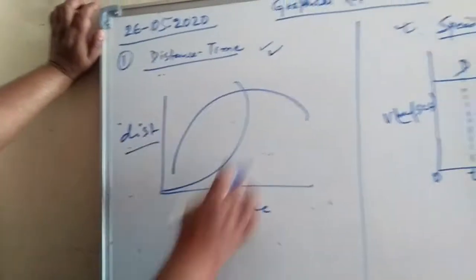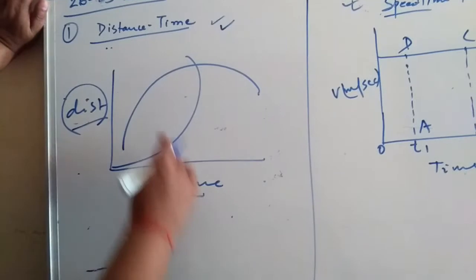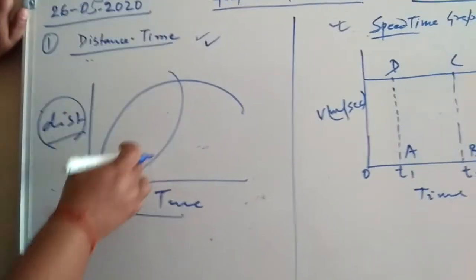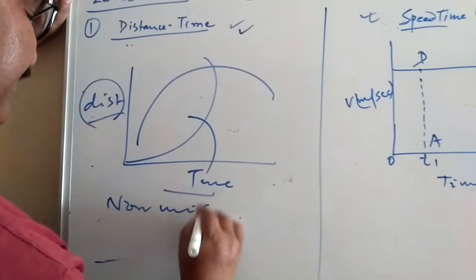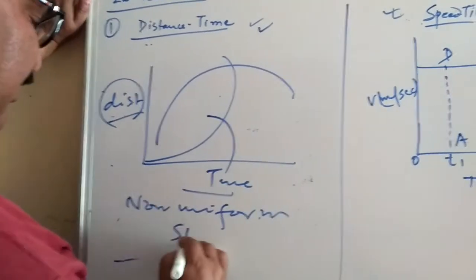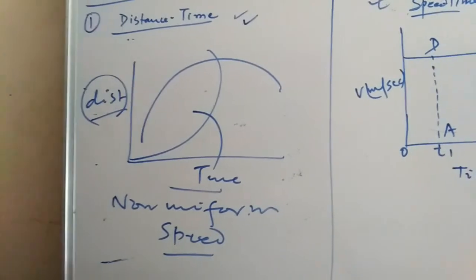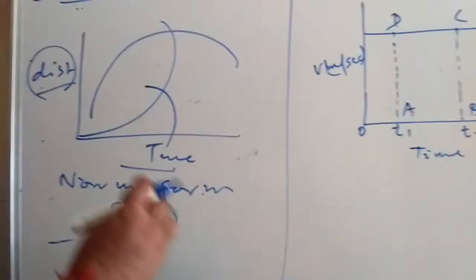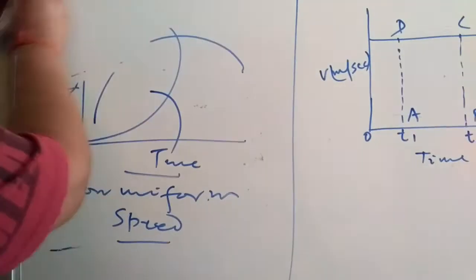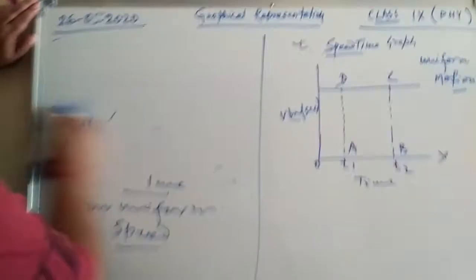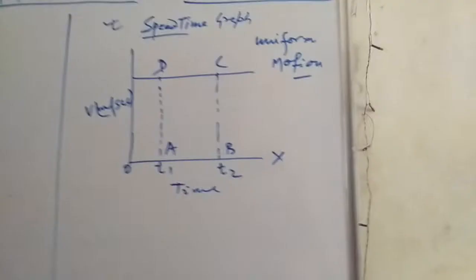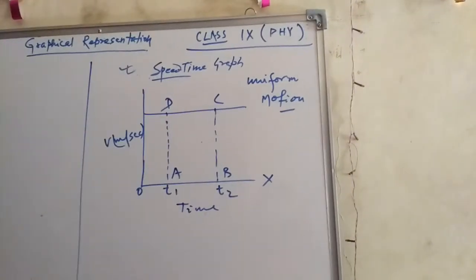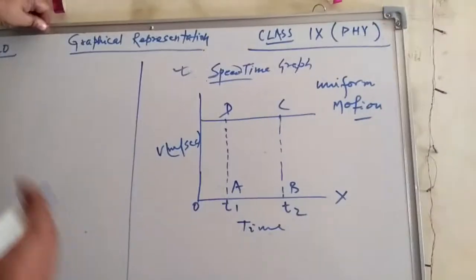So if the distance-time graph is in this way or of this nature, then you can easily say that the body has non-uniform speed, and you can calculate the speed with the help of that also. So this is all about the distance-time graph. You can go through the books. More examples are given in your book. You can do them yourselves and add more concepts to these points.